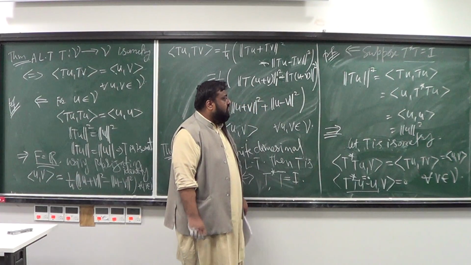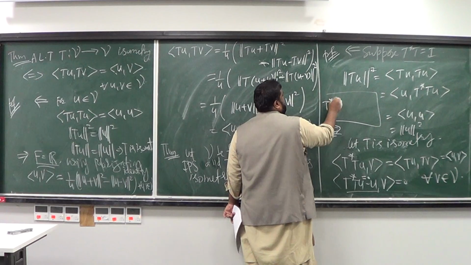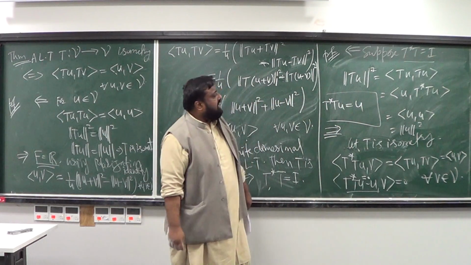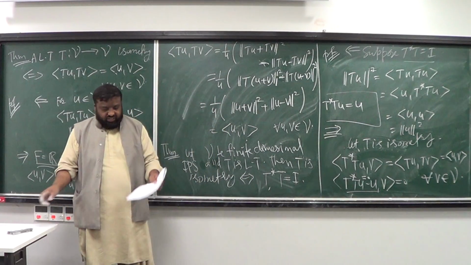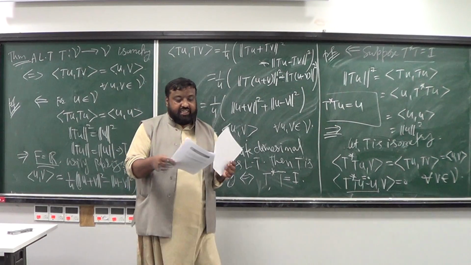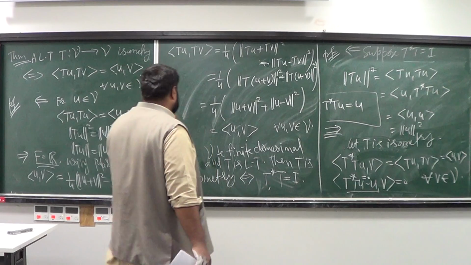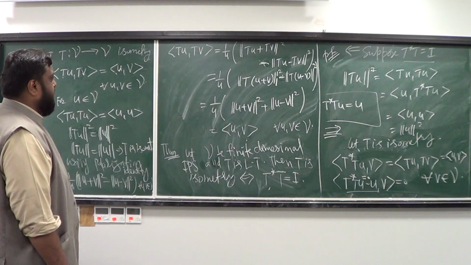And if it's 0, what follows is that T star T operated onto U is equal to U. Hence, this shows that T star T is an identity. So these were some of the basic properties of isometries.